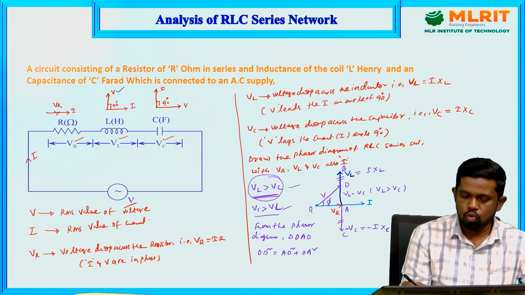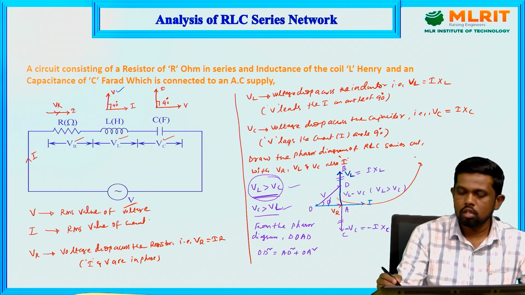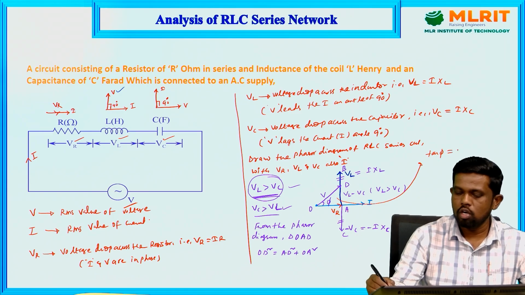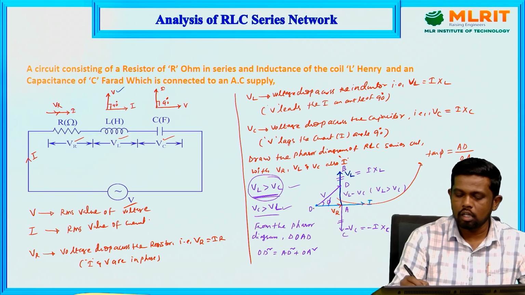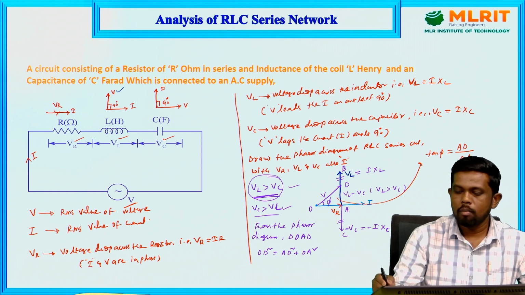from this the tan phi value is the ratio of the opposite side upon the adjacent side, that is AD upon OA.